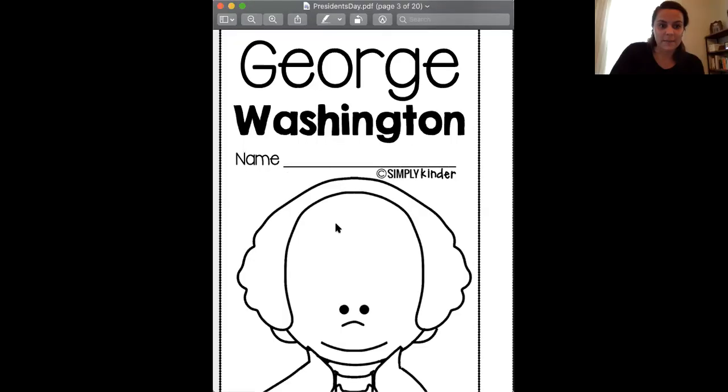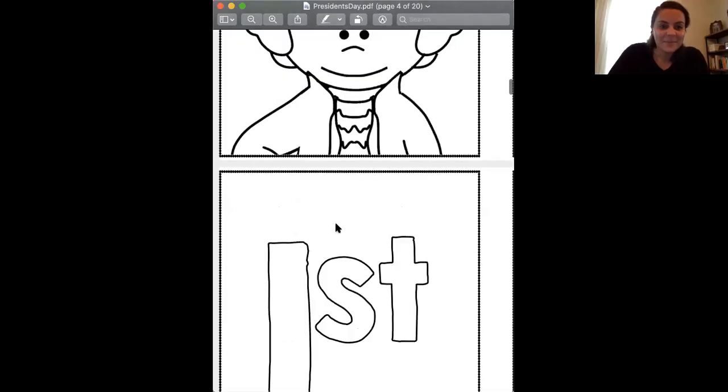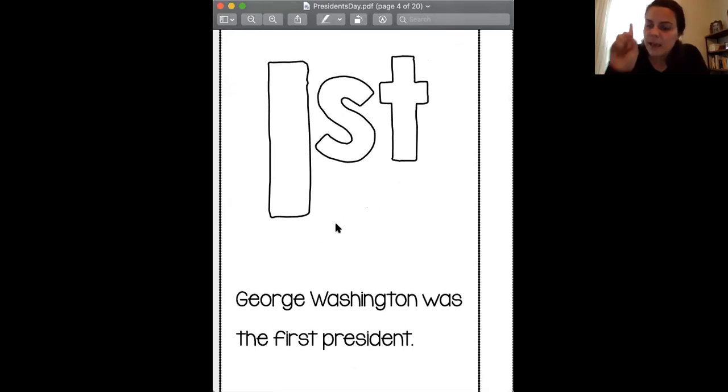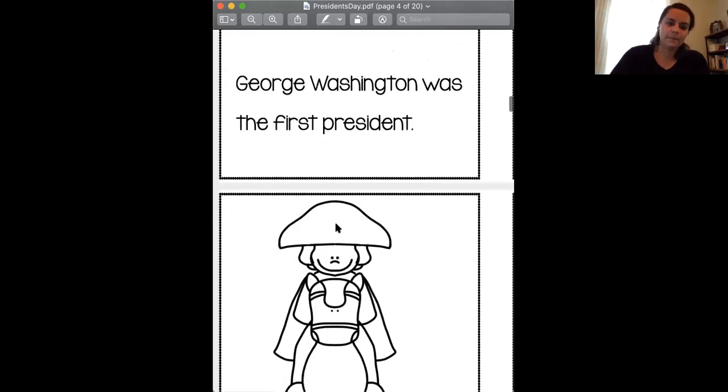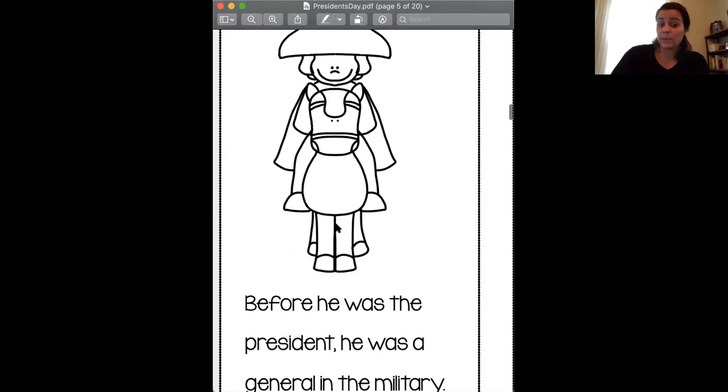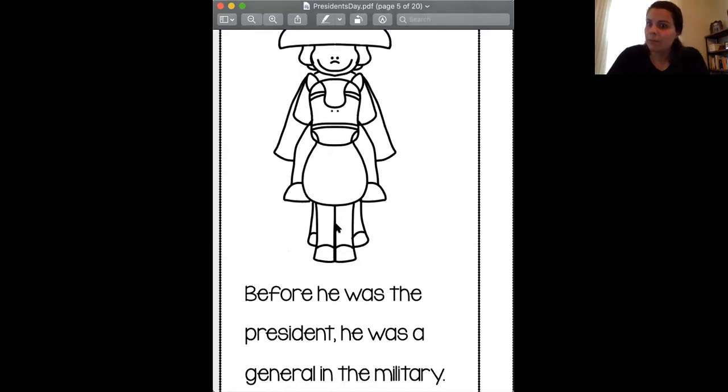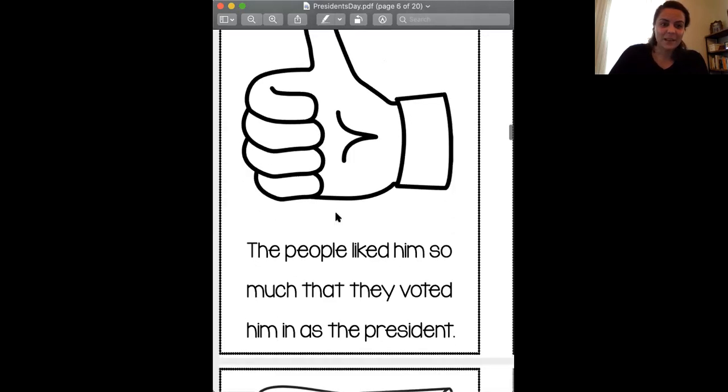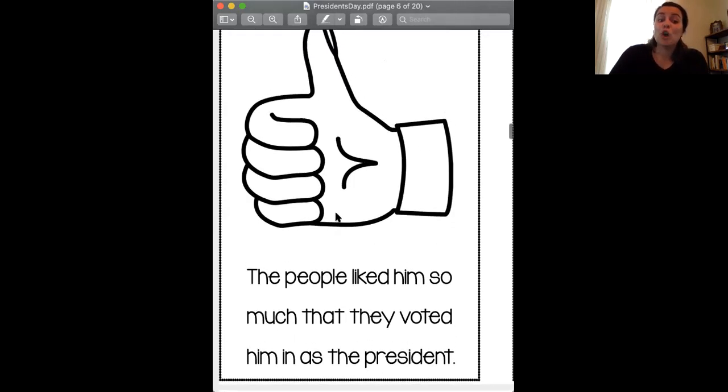So first, I'm going to share the story of George Washington. George Washington was the first president. Before he was president, he was a general in the military. That's an interesting fact. The people liked him so much that they voted him in as president.